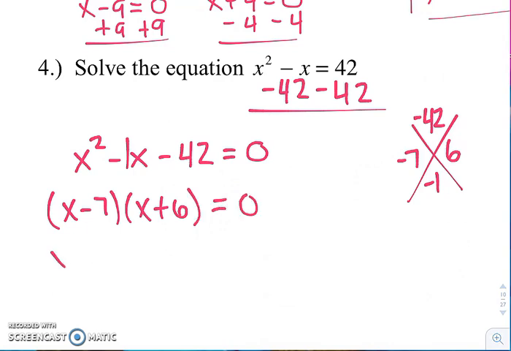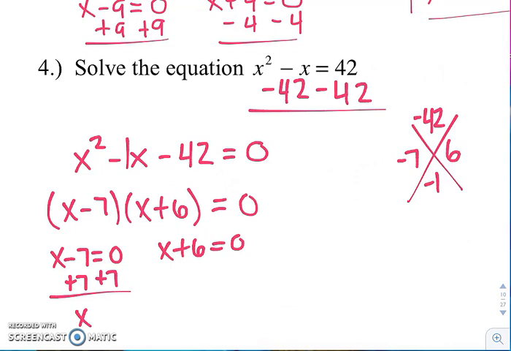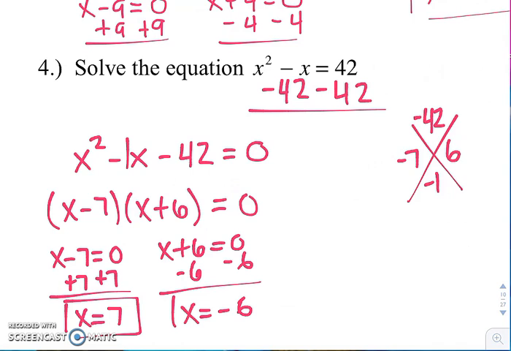Set both of those factors equal to 0. And then solve. So you would add 7 for that first equation and get x equals 7. Subtract 6 and get x equals negative 6. So quadratic equations have two solutions.